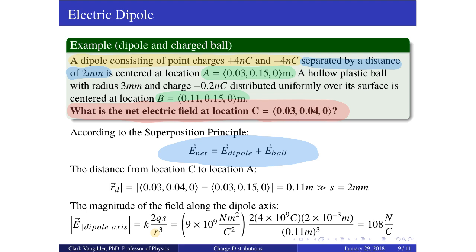I'm given vector information, which requires a computation in order to obtain what r is, because it's a magnitude. So the first step is going to be figure out what's the magnitude of this distance. Okay?